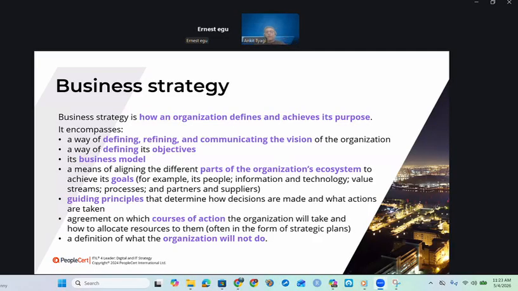We do say that within the strategy, we need to identify all the actions that we need to take, but we also need to explicitly define what it is that we are not going to do as an organization, right? So with specific exclusions mentioned, we can always set the right expectation for all the stakeholders, to make them understand what we are going to do and what we're not going to do. That helps in setting the right expectations.